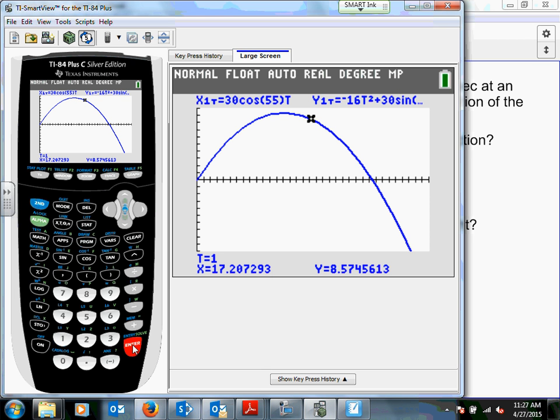We just figured out that it hits the ground at 1.536 seconds. So we're about 26.43 feet horizontally and basically 0. We rounded, right? So this isn't going to be exactly 0 because we rounded. But there you see the cursor is at the axis or on the ground.